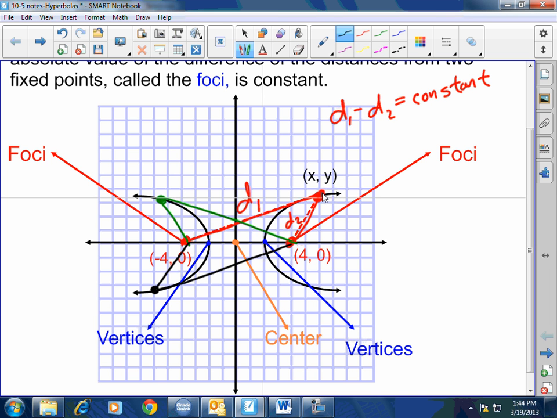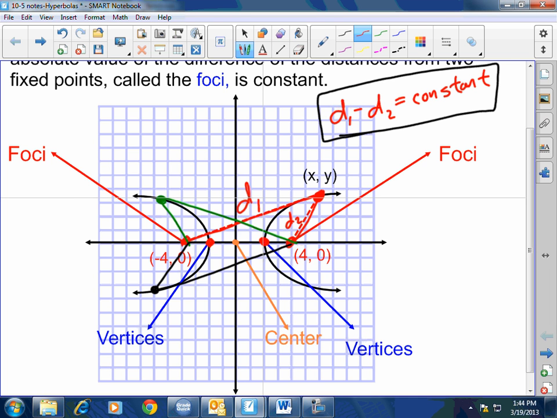Okay? Now, this constant difference of distances is equal to what's called our transverse axis. Remember, the transverse axis is the axis where the vertices lie.